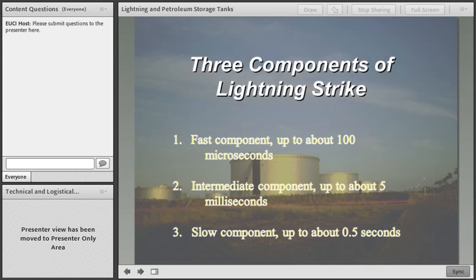A typical lightning strike has three components. There's a fast, intermediate, and slow component in every lightning strike. The fast component lasts up to about 100 microseconds, and the slow component lasts up to about half a second.